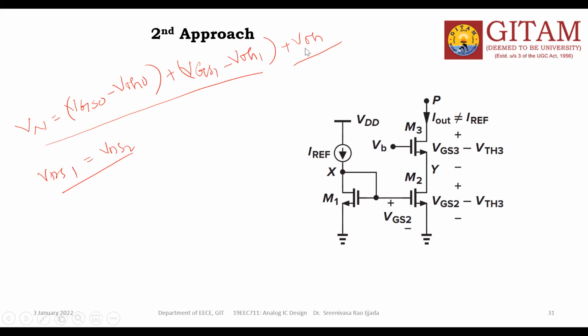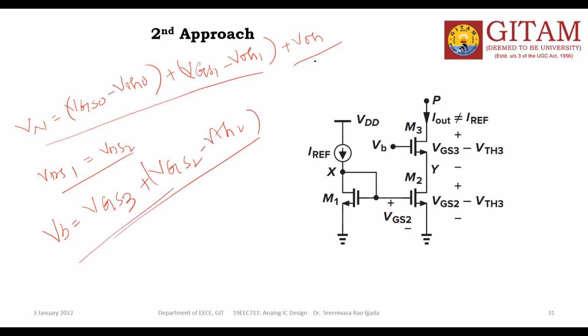This VTH can be eliminated only if VB, the biasing voltage, is equal to VGS3 plus VGS2 minus VTH2.